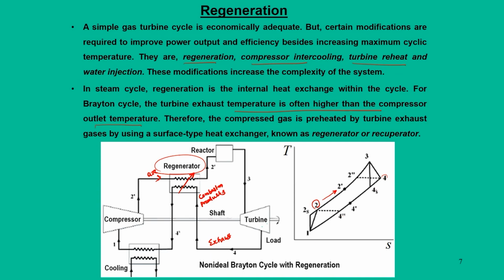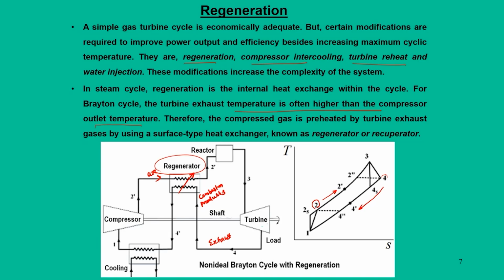So, point 4 shifts down, point 2 shifts up, and a particular balance is reached by which heat exchange can be to some extent maximum possible.